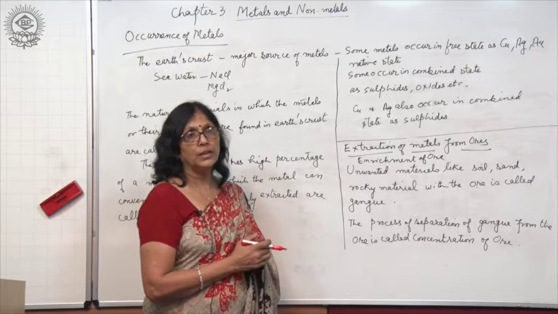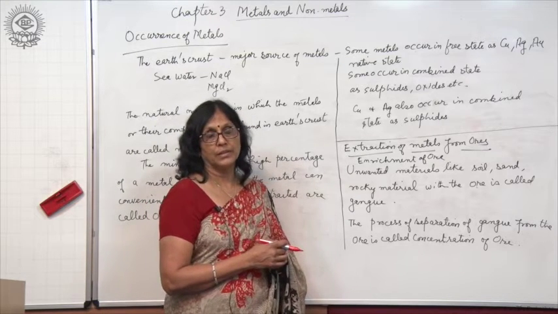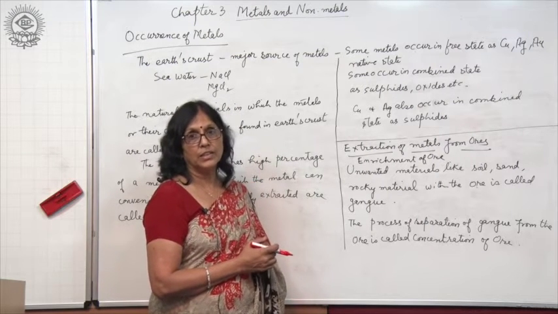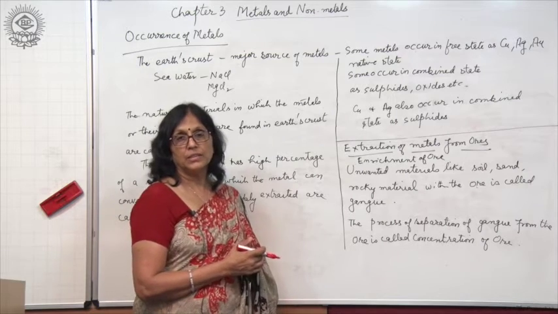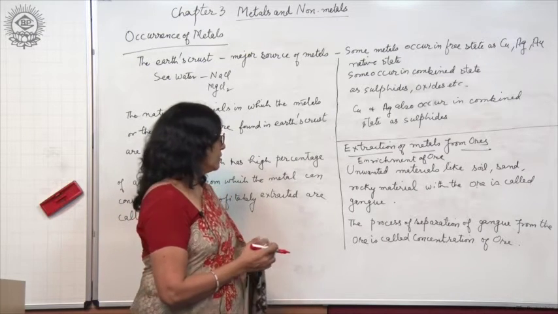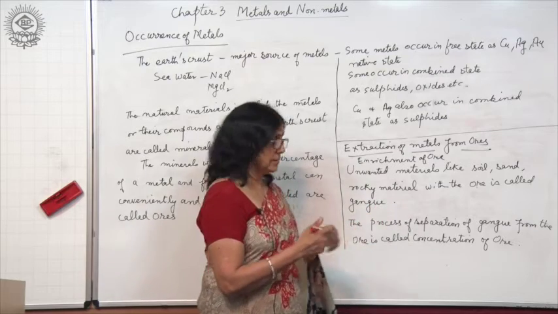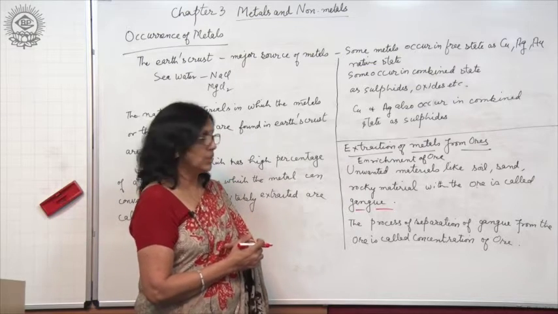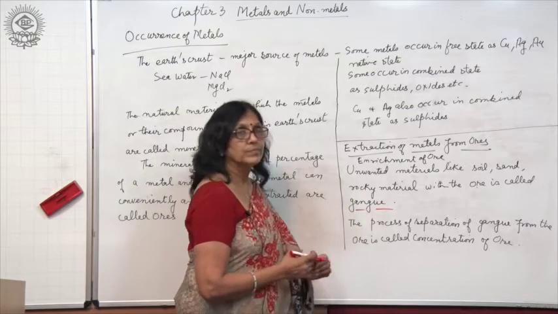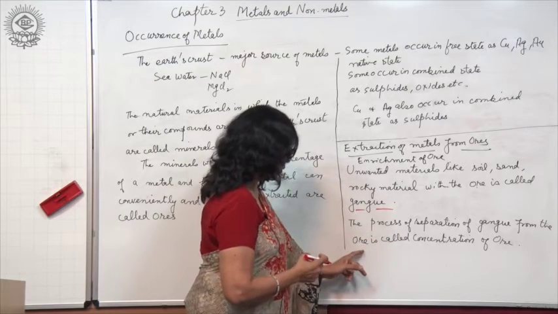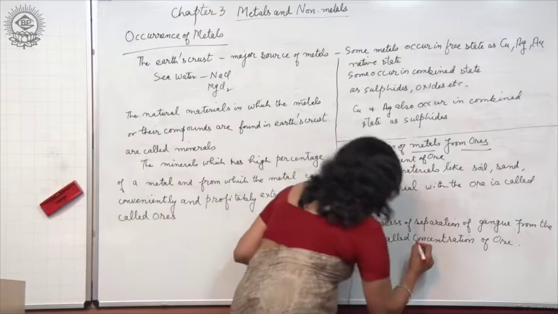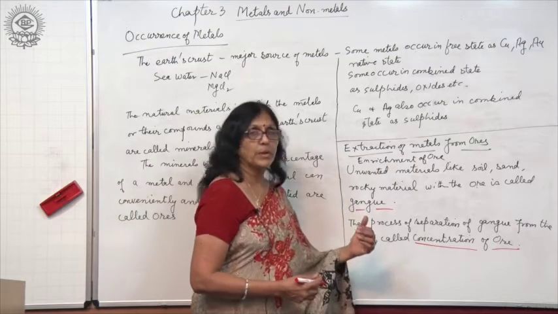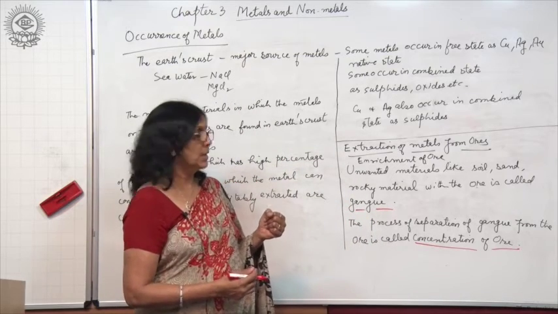These ores do not contain only the compounds of the metal, they also contain impurities, the unwanted material: earthy material, soil, sand, rocky material which is found with the ore, called gangue. This gangue should be separated from the ore, and this process of separation of gangue from the ore is called concentration of ore. Then only can the further separation of metal from the compound be done.